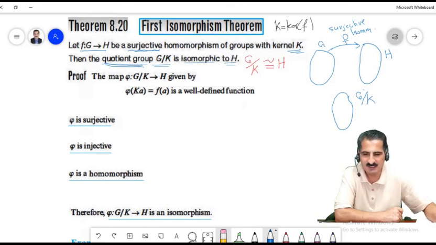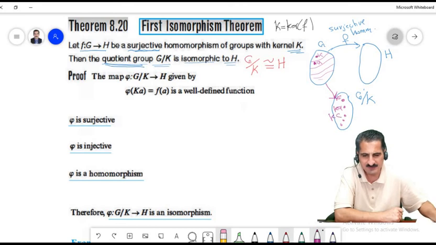We made a partition of G as cosets, but if we go this way and represent each of these cosets with some representative, so this is KE, and this element is A, for example, so this is KA, and so on, KC, and so on.